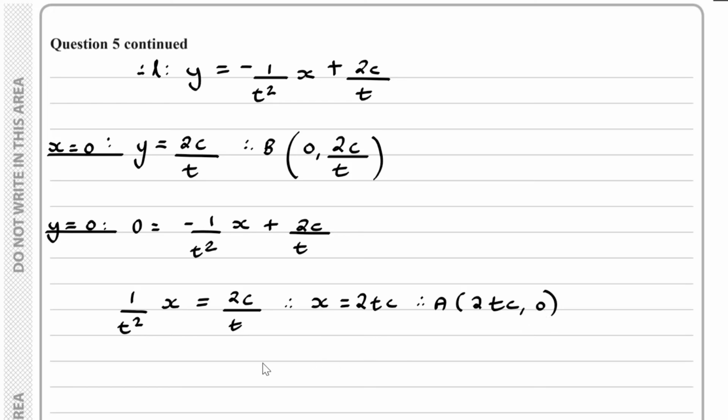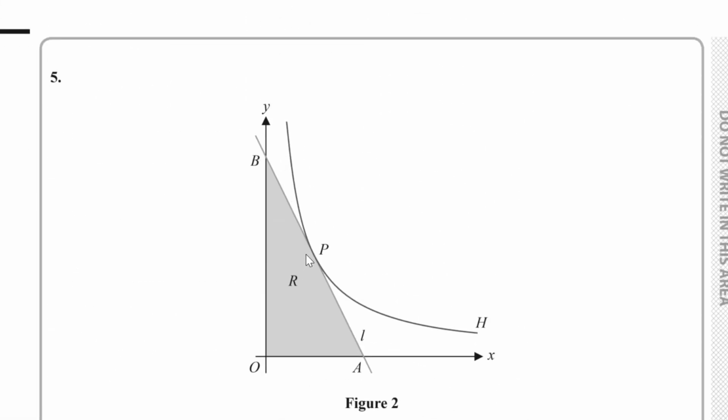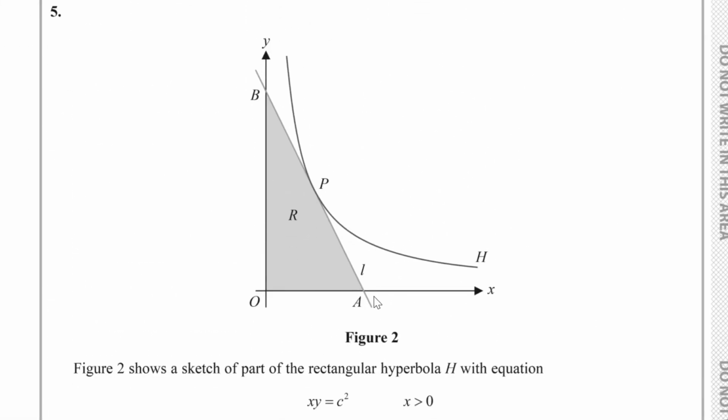Okay, now first of all let's add this to the diagram. We have the coordinates of A (2tc, 0), and the coordinates of B, which were (0, 2c over t).